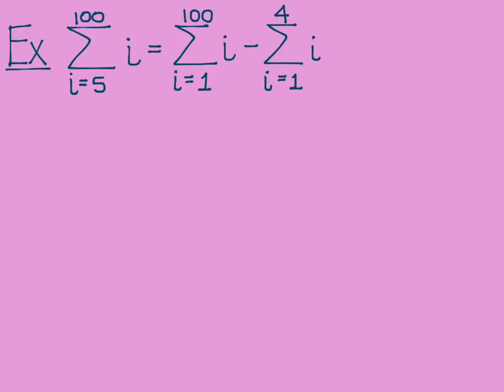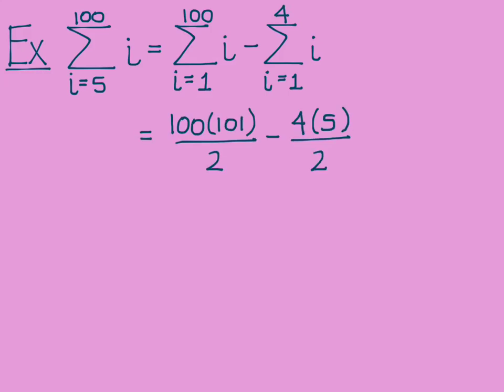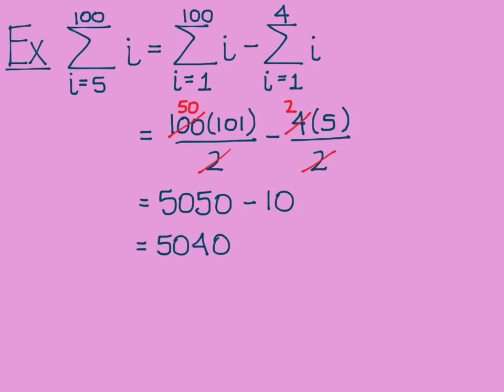So I can rewrite this as the sum as i goes from 1 to 100 of i minus the sum as i goes from 1 to 4 of i. These are both easy sums to solve using Gauss's formula. I end up with 5050 minus 10, which gives me 5040.